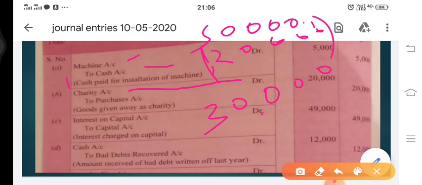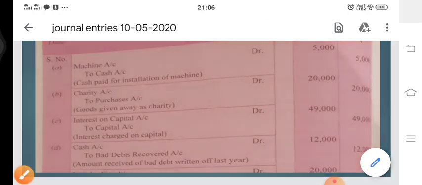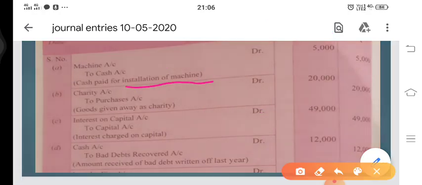And since purchases have a debit balance, when it has to be reduced, it will be credited. That is why the journal entry here is charity account debit 20,000 to purchases account.